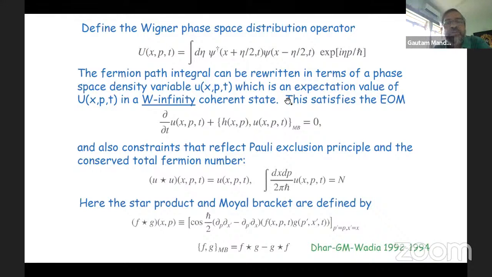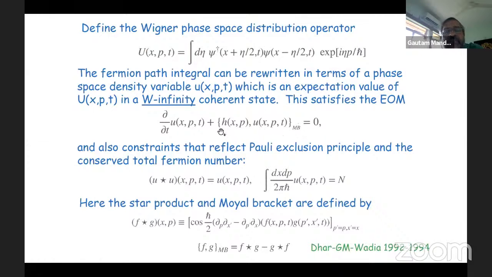But I'll tell you the final outcome: this little u satisfies the equation of motion, which is pretty much like what you would expect, that the time derivative is related to the bracket of h and u.